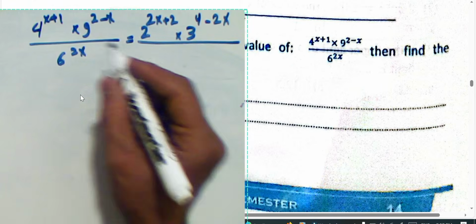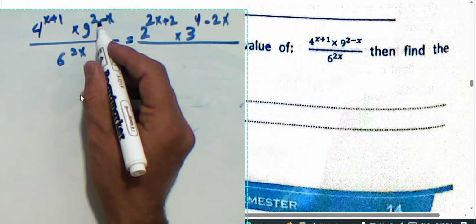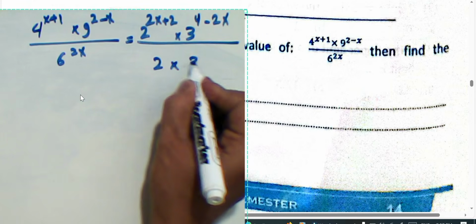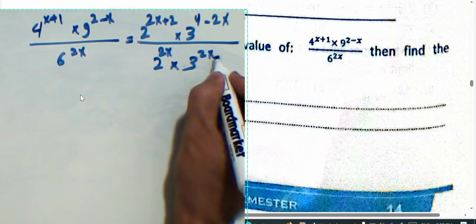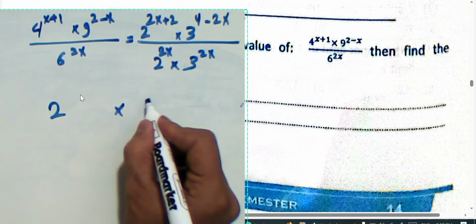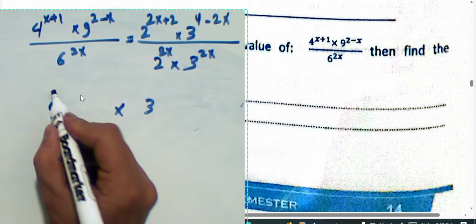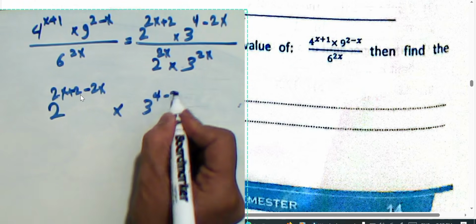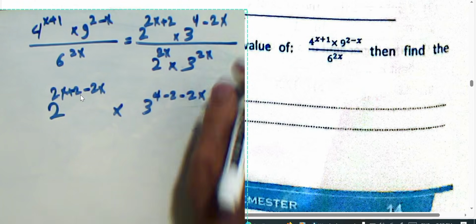Understood this example? 9 equals 3 power 2, 2 times 2 is 4, 2 times x. Next, 6 is equivalent to 2 by 3. Distribute the power 2x here, and then write the base 2 and write the base 3. Find the difference between powers: 2x plus 2 minus 2x, and here 4 minus 2x minus 2x, subtract the powers.